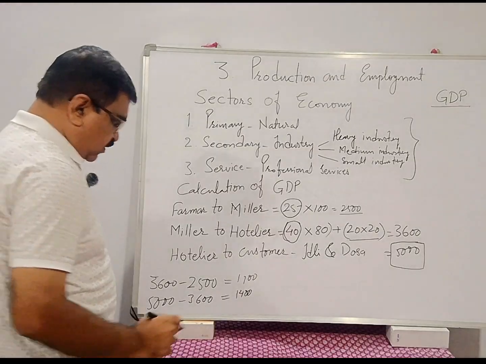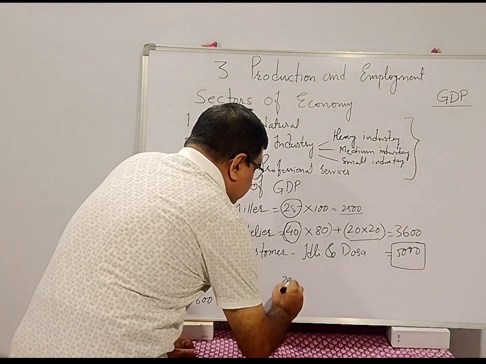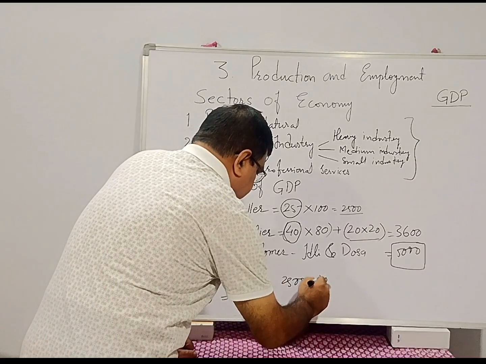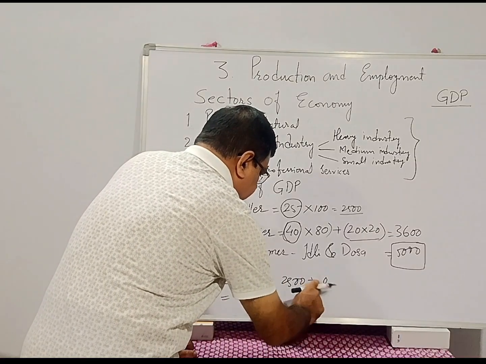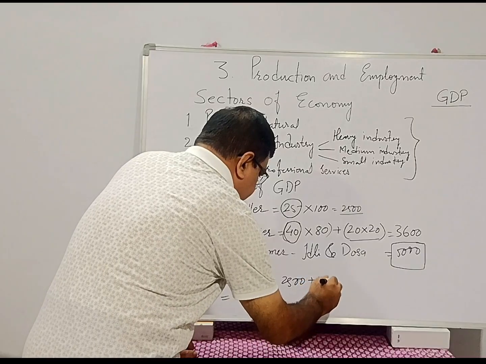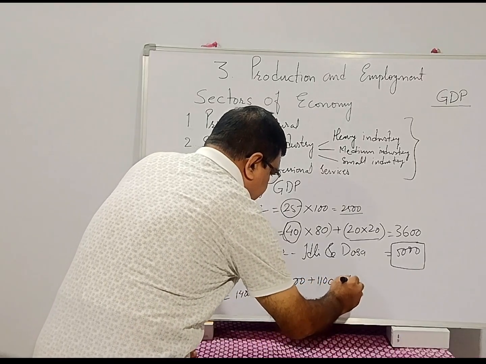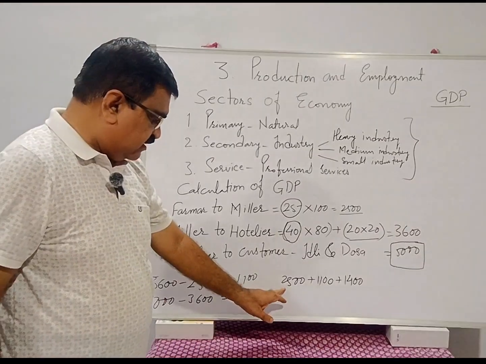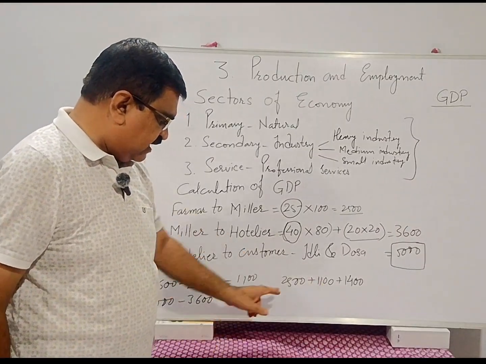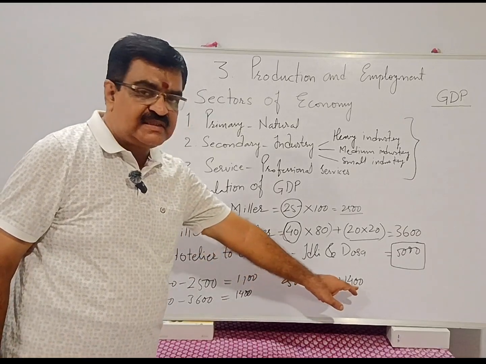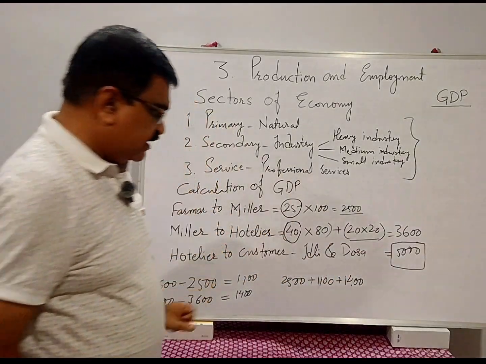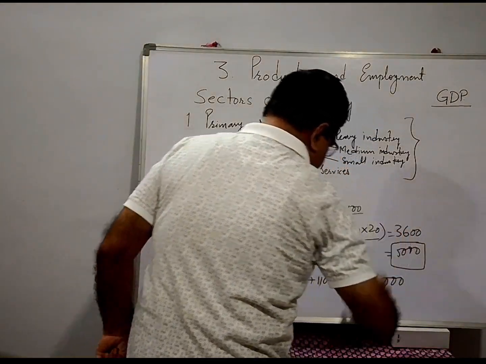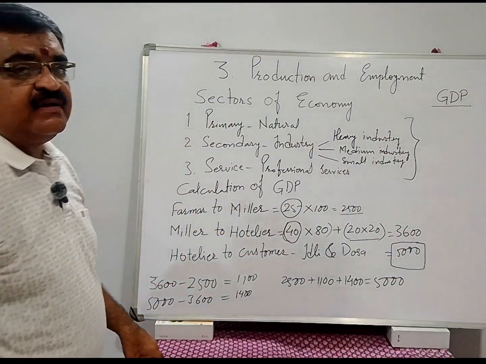Now what we have to do? 2,500 rupees of this farmer plus 1,100 rupees of this rice miller plus 1,400 rupees of this hotelier. Now how much? 2,500 plus 1,100 is 3,600, 3,600 plus 1,400 is 5,000 only. So double counting should be avoided.